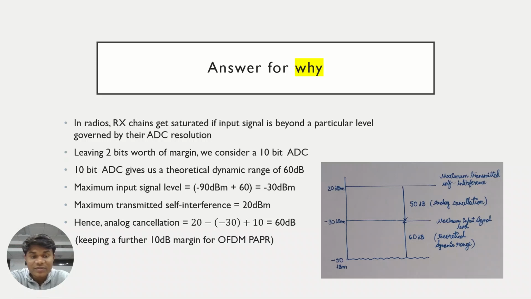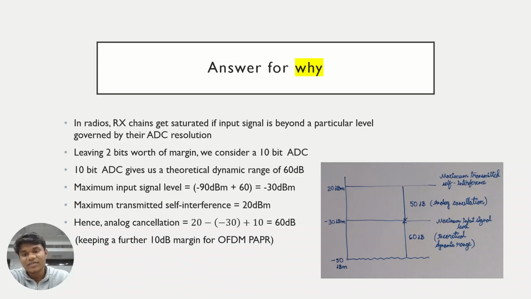Again, the thing comes out to be 50 dB. Then why are we applying a cancellation of 60 dB? Because sometimes the signal that is being transmitted sees an abrupt bump in the power level by about 10 dB.